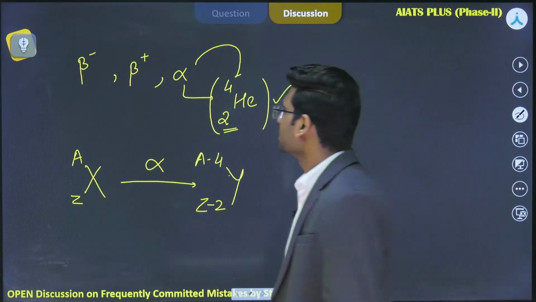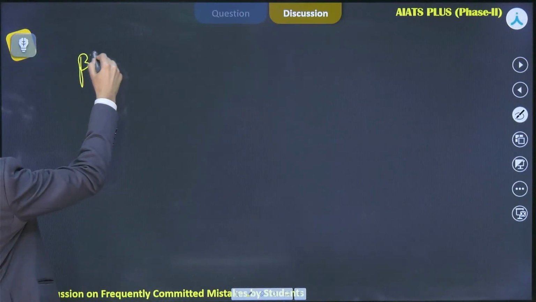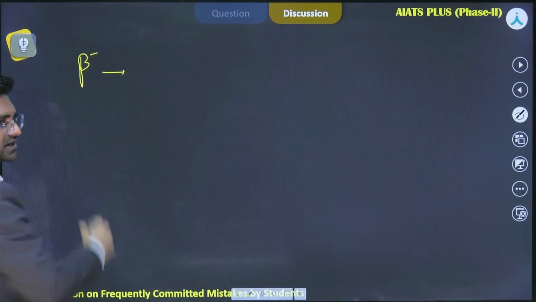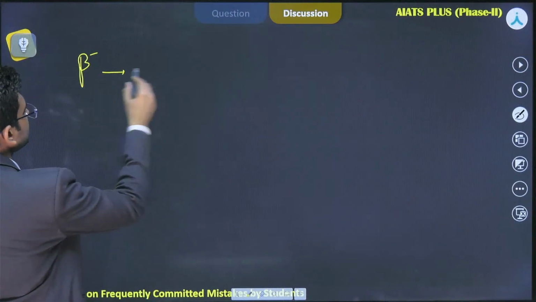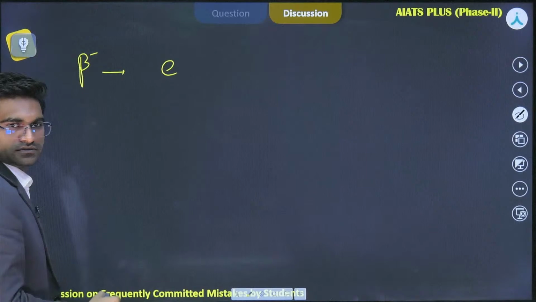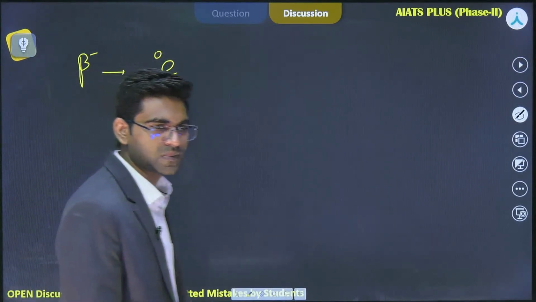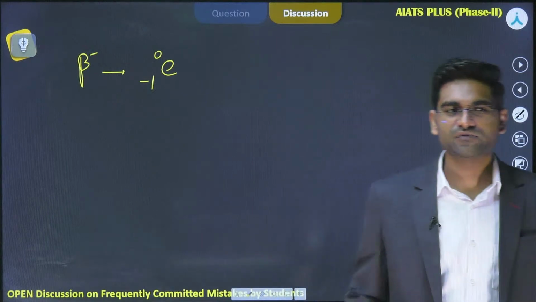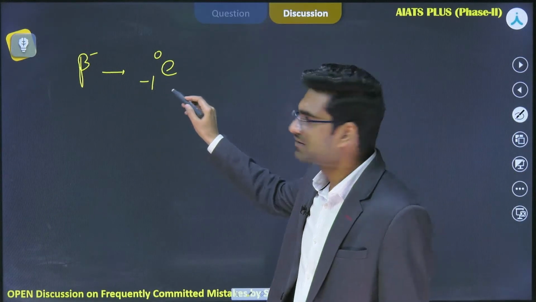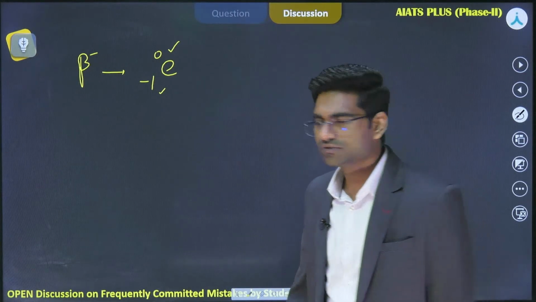What about beta minus and beta plus emission? What is beta minus emission? Now this beta minus is nothing but an electron with minus charge and 0 mass number. So beta minus has charge minus 1, and its mass number is 0.